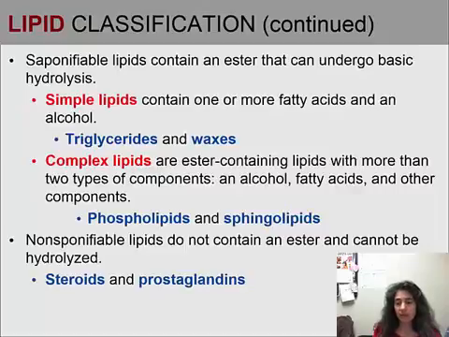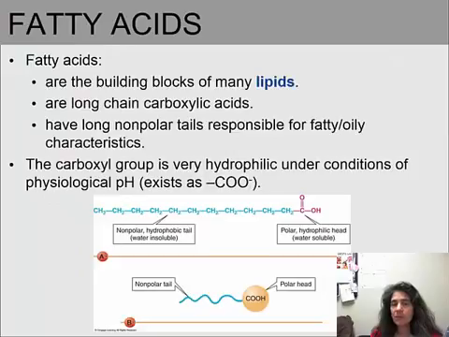Our complex lipids, and we had said our steroids and prostaglandins, are not saponifiable because of their very differing structure. They don't really have that ester linkage in them. So we look at a lot of ester hydrolysis and then a few where we don't really talk about ester hydrolysis.